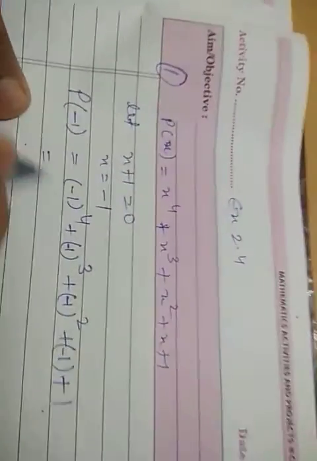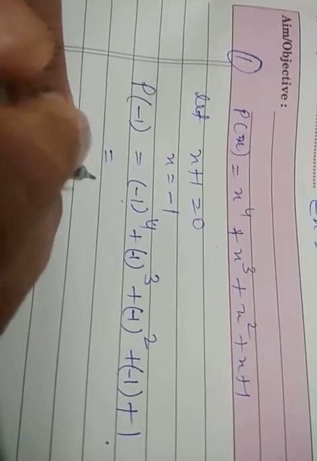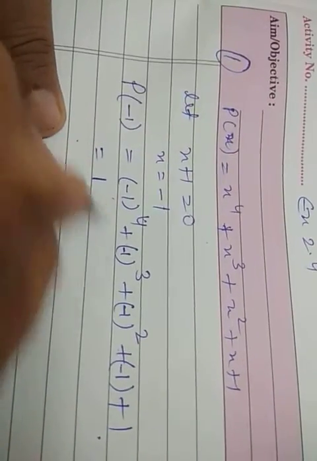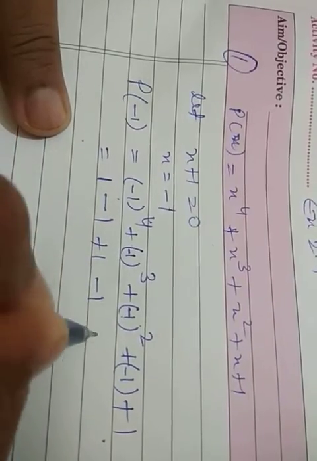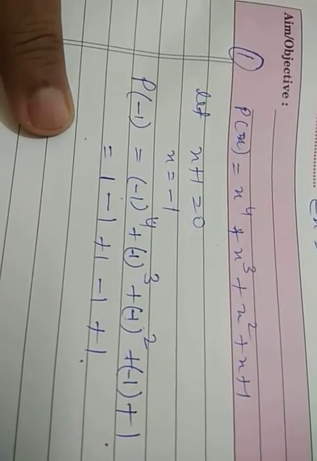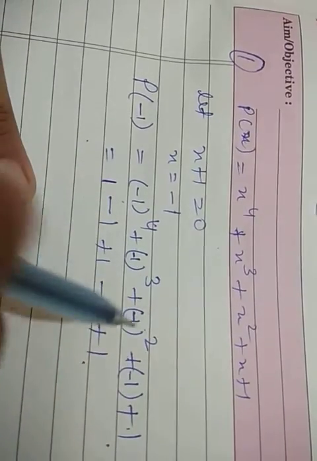So minus 1 to the power 4 is obviously plus 1. Here we will get minus 1, here plus 1, here minus 1, here plus 1. There are 5 terms.